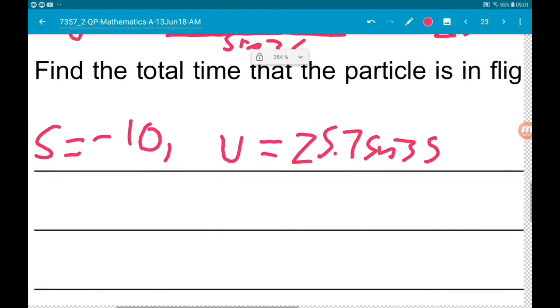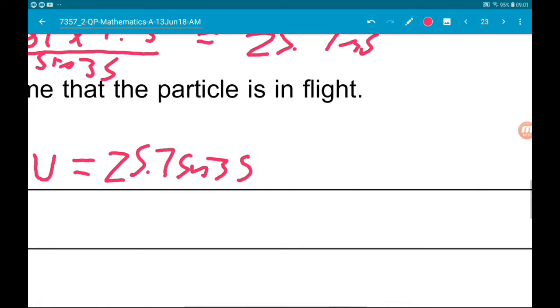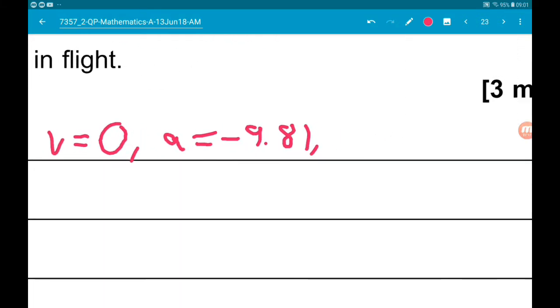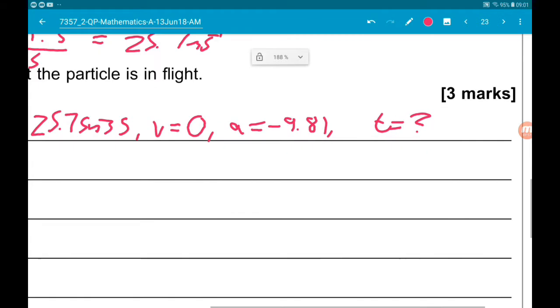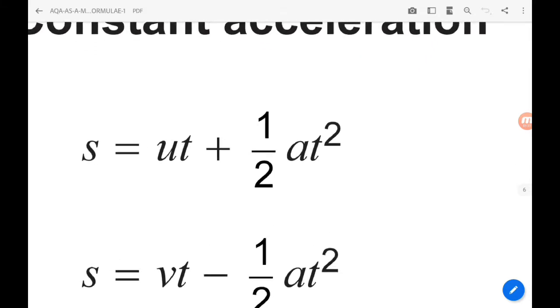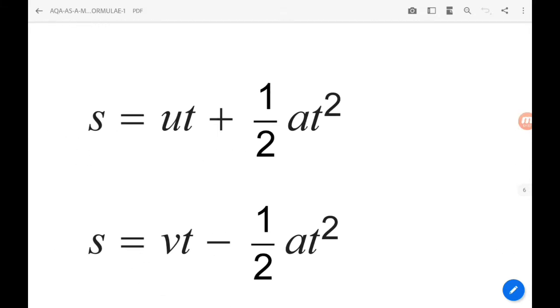We know that a is minus 9.81. And what we want to find is t.